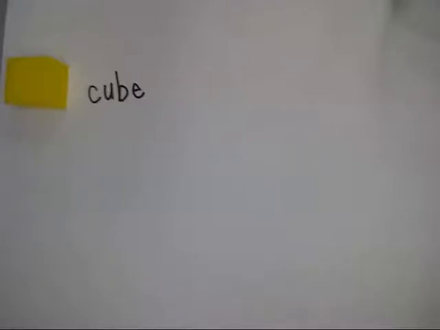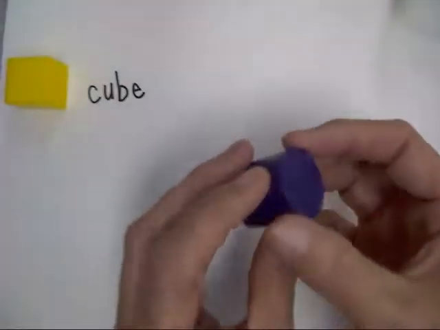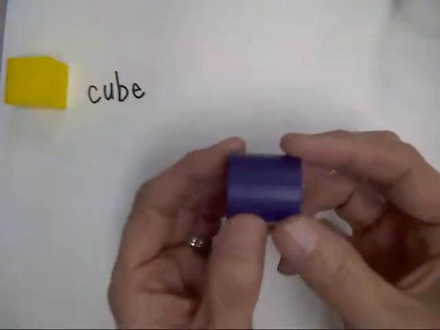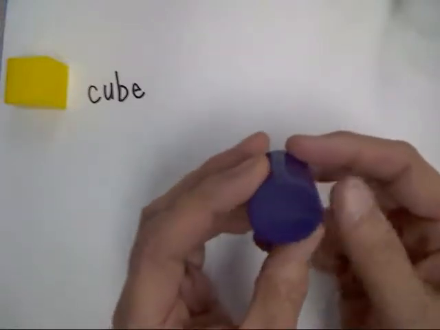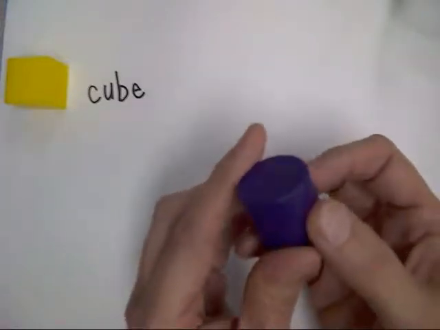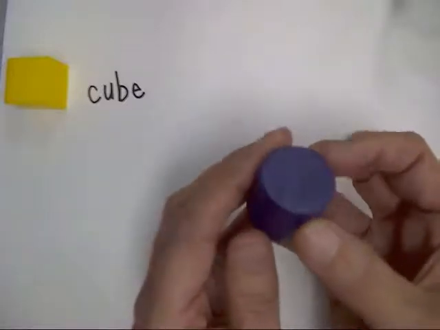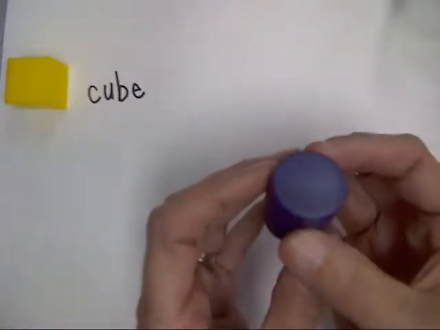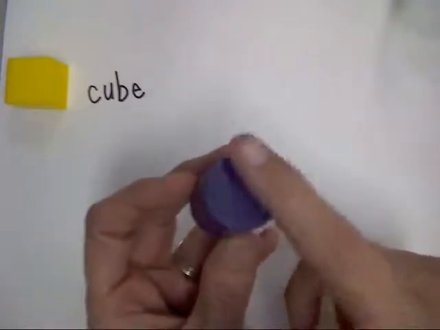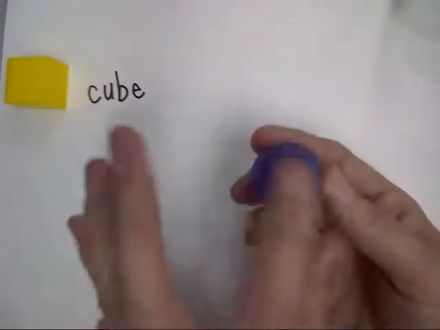Now, let's find another shape in our bag. What do you notice about this shape? It's not flat, is it? We call this a 3-dimensional shape. What do you notice about the face?